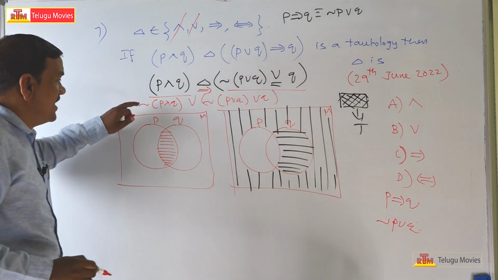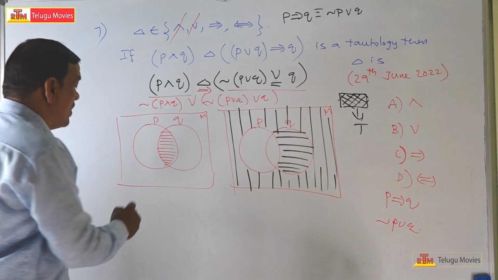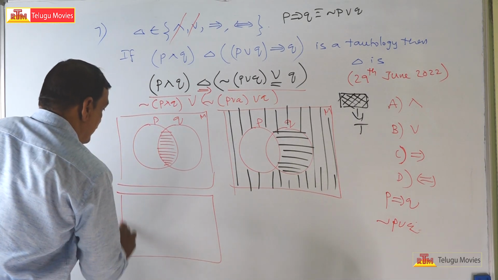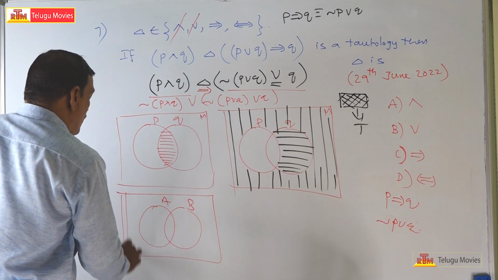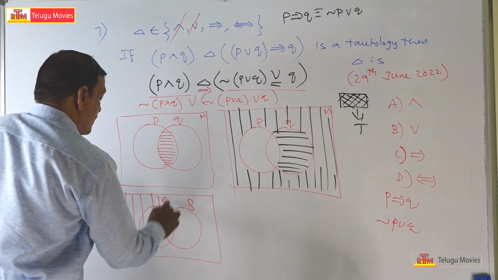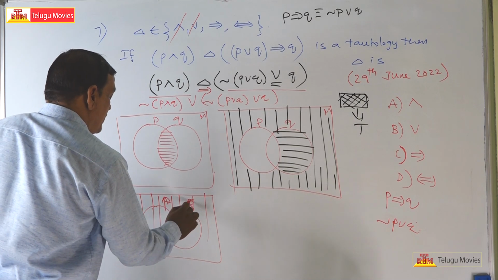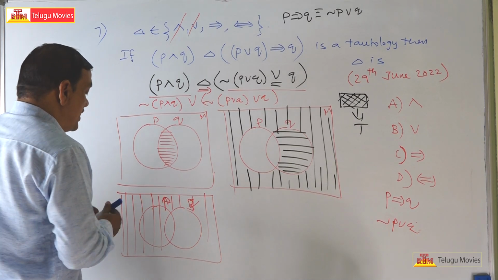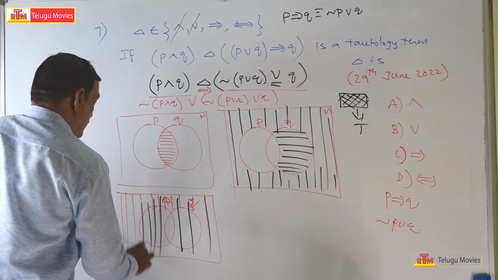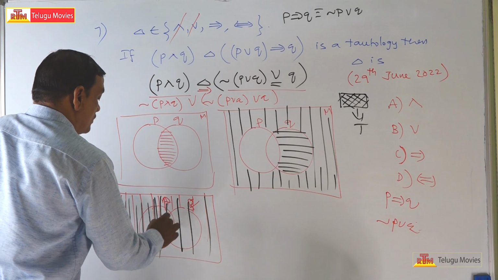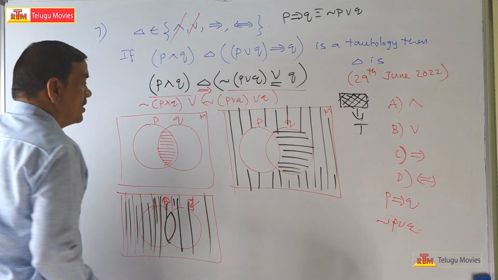Now negation of P and Q means what? It means outside of P and Q. This is P and Q, and the negation is everything except this part.